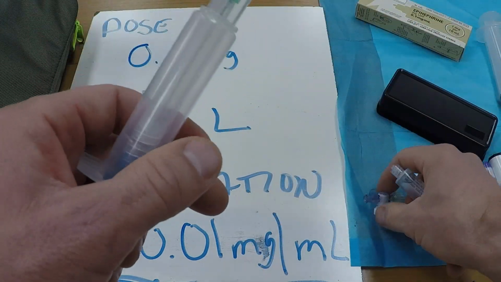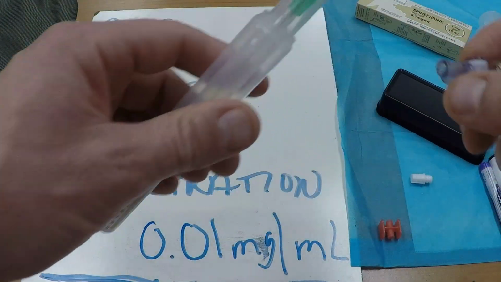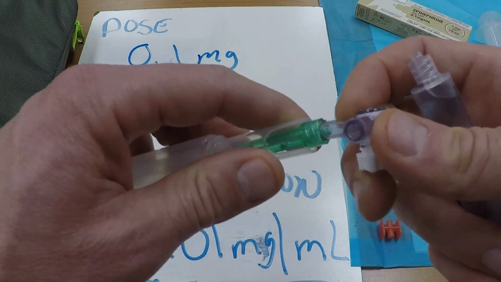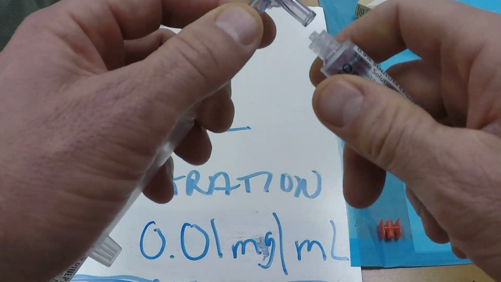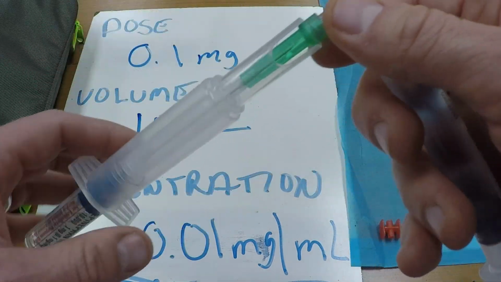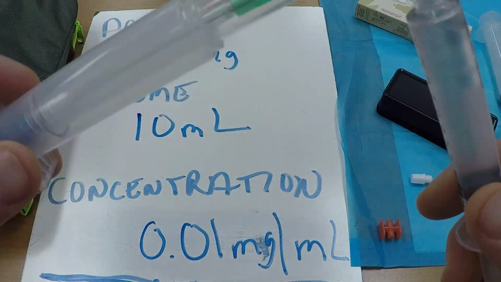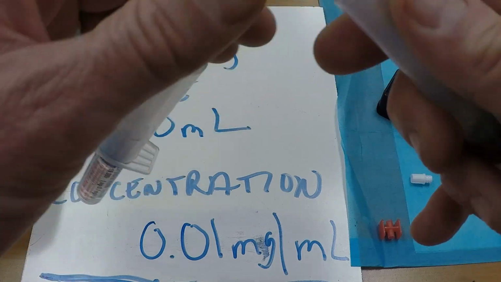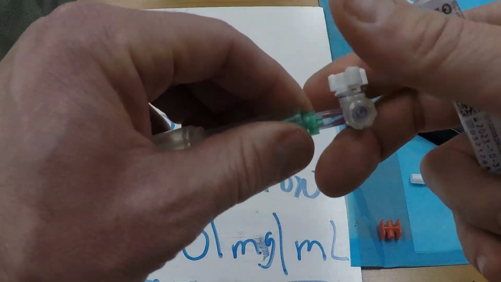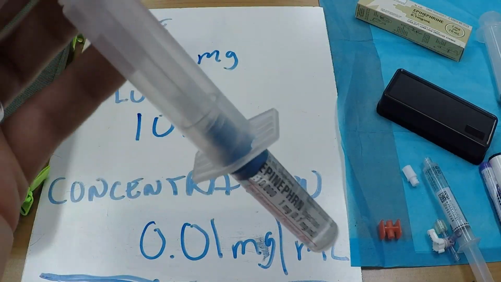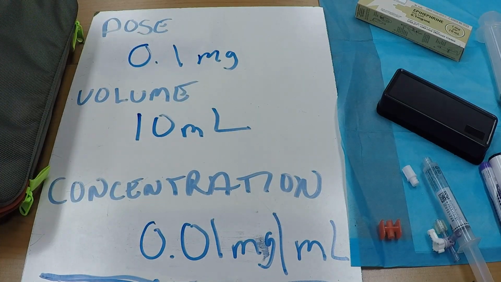Agitate. There's also the 3-way stopcock, that whichever has the 1 milliliter of epinephrine, inject that to mix. Now you have 10 milliliters of 0.01 milligram per milliliter concentration.